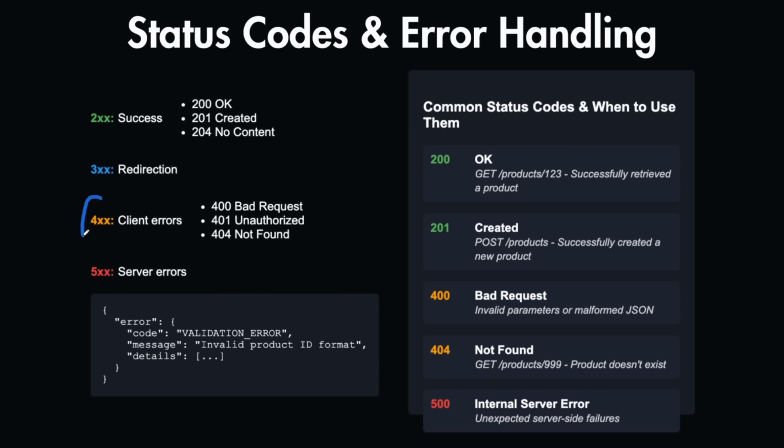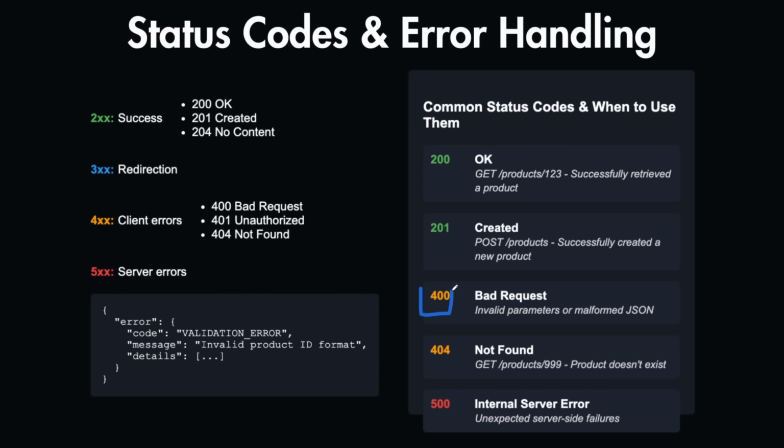In the 400 series, we have the client errors. This is whenever your front end made a bad request or the user made a bad request. For example, 400 is a generic bad request. 401 is unauthorized, meaning the user is not authenticated to make this request. 404 is not found. Generally, when you visit some URL or make a request for a specific resource that doesn't exist, you would get this 404 status code.